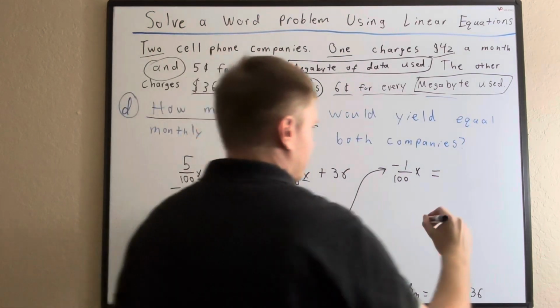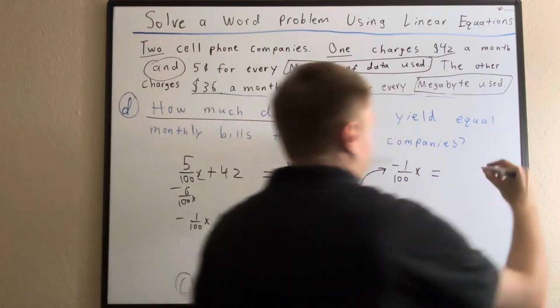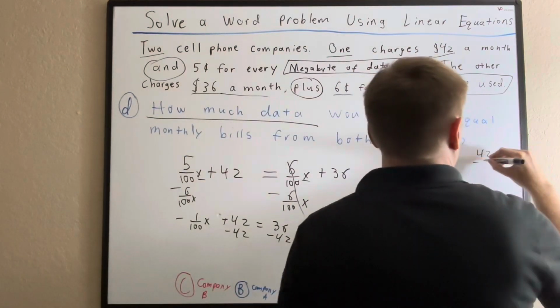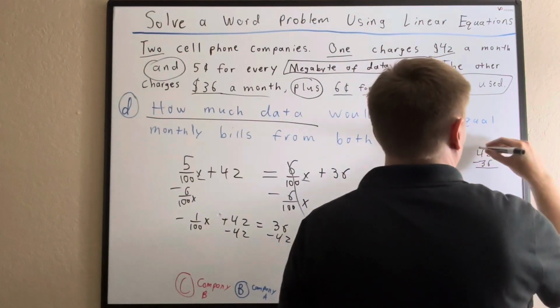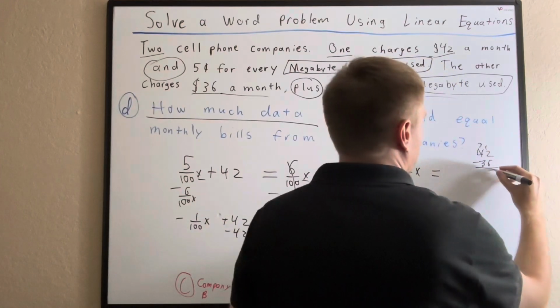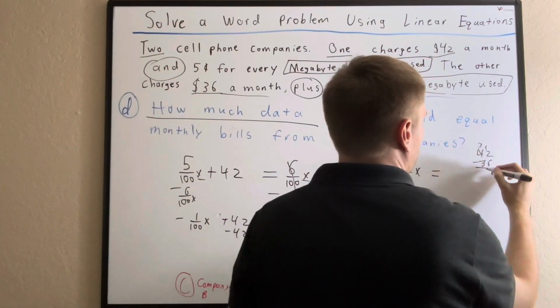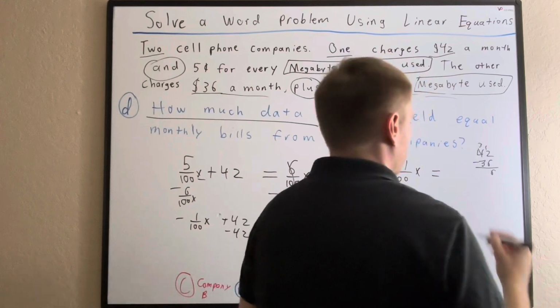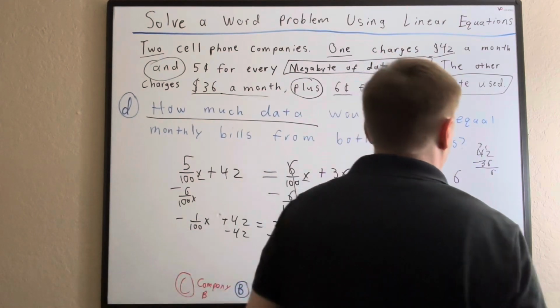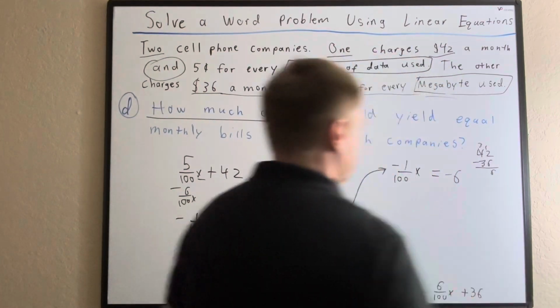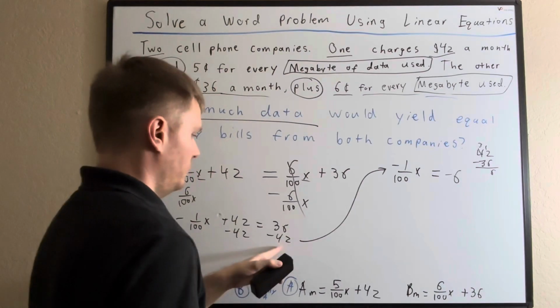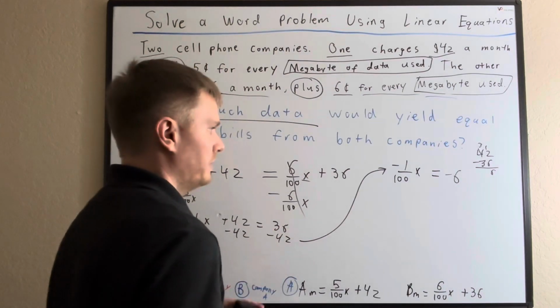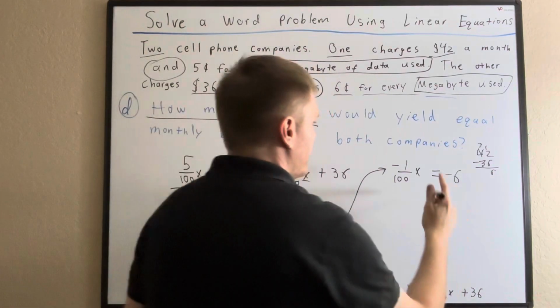Well, let's just do this over on the side here. 42 minus 36. 12 minus 6. 6. Okay. Oh, well, that was easy. But it's negative. Remember, because 42 is larger than 36, and we just subtracted from it. So we got negative 6 over here.